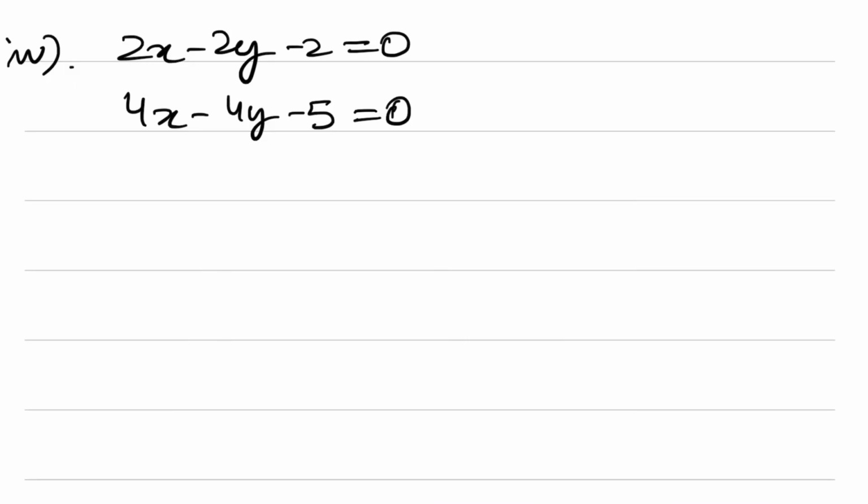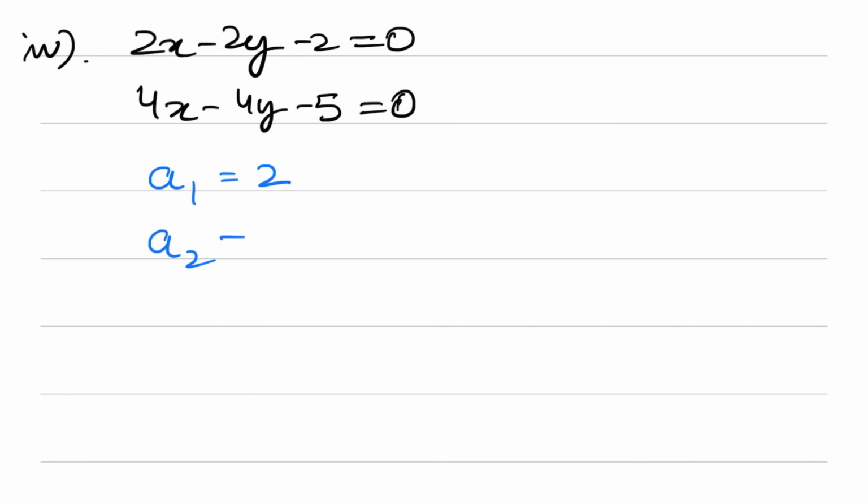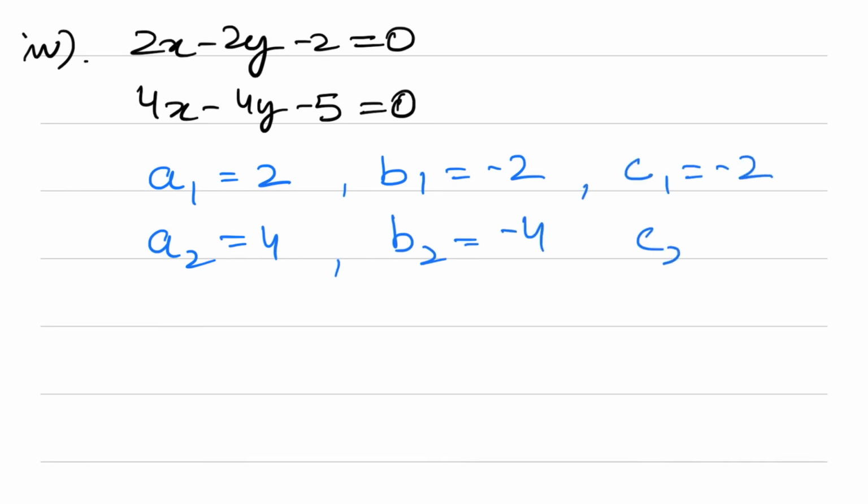Next set of equations now. So 2x minus 2y minus 2 is equal to 0 and 4x minus 4y minus 5 is equal to 0. So I can write down a1 is equal to 2, a2 is equal to 4, b1 is equal to minus 2, b2 is equal to minus 4 and c1 is equal to minus 2, c2 is equal to minus 5.